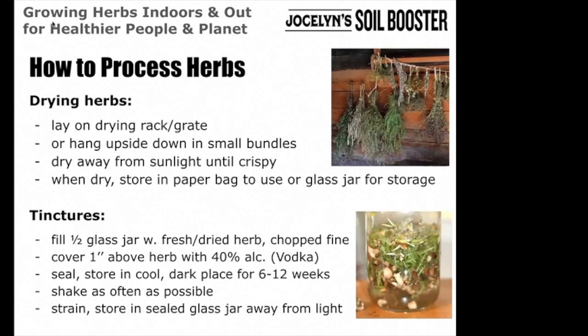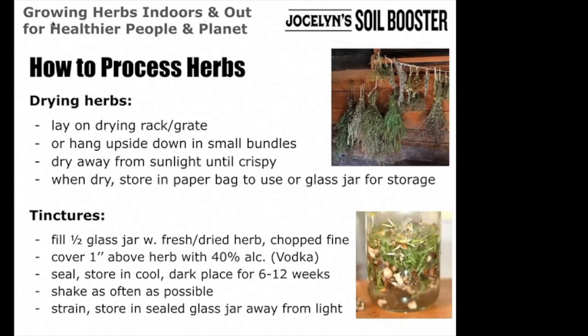And then tinctures, also very easy to make. This is the folk method that I'm showing you, but there are some scientific methods. So you can look up actual recipes online with the exact weights if you're into that.